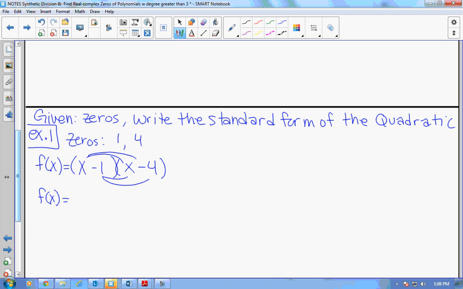Since we're doing a binomial times a binomial, you should get a string of 4, and then you'll have some like terms to add together. Because the zeros have opposite signs of the factors. So this was a positive one, so the inverse of the positive is minus. Good, now find your like terms, put them together.